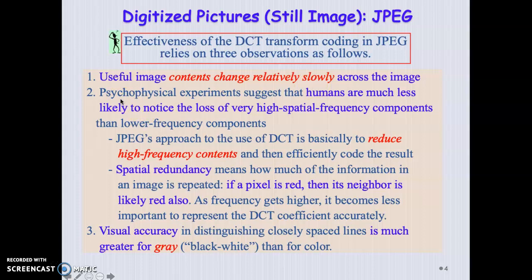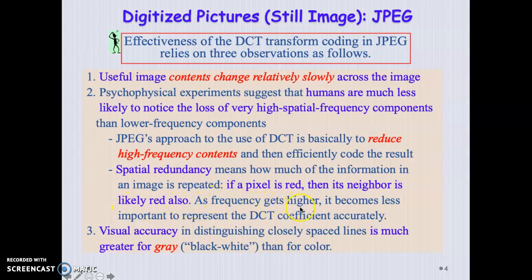Also, psychophysical experiments suggest that humans are much less likely to notice the loss of high spatial frequency components. That's why we use the DCT. The JPEG approach to the use of DCT is basically to reduce the high frequency content and then efficiently code the result. Spatial redundancy means how much of the information in an image is repeated. If a pixel is red, then its neighbor is likely red also.